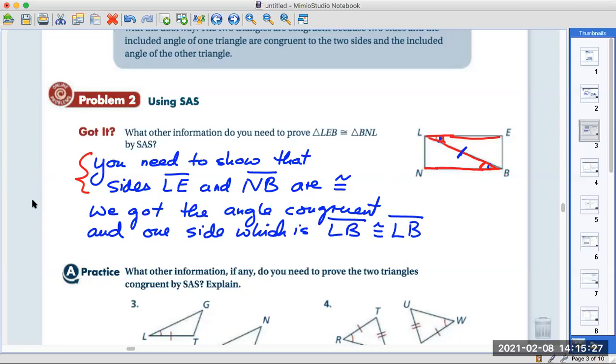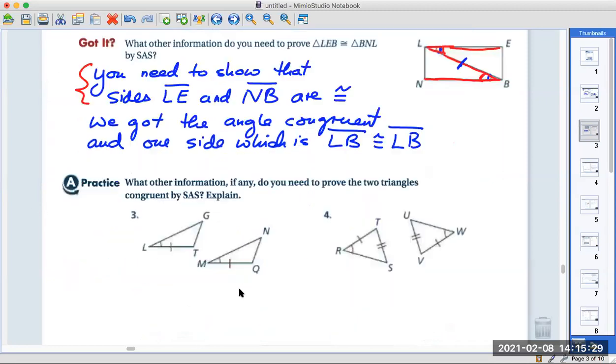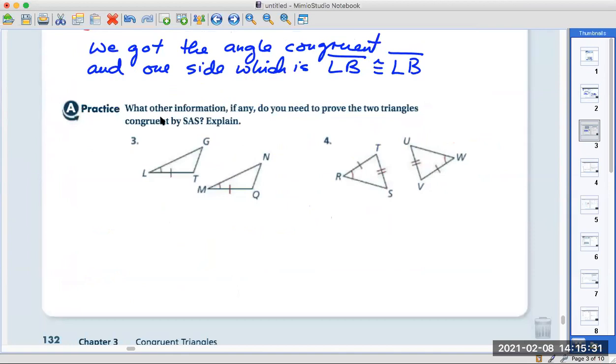Then on the bottom here, the questions are the same. What other information, if any, do you need? Sometimes you've got them all to prove the two triangles congruent by SAS. Explain. So what do we have here? We've got an angle and one side, so we need another side. Which side? Not this one, because we want our angle included, right?